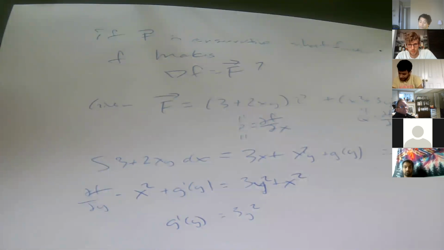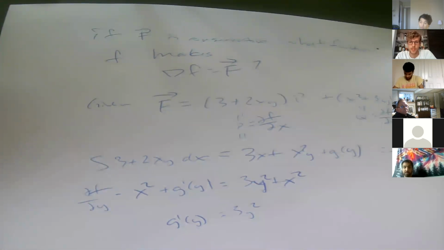So the 3y squared part of Q is the derivative of the part of F we're looking for.